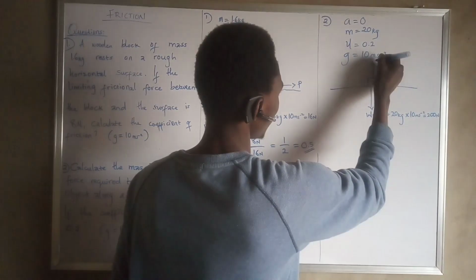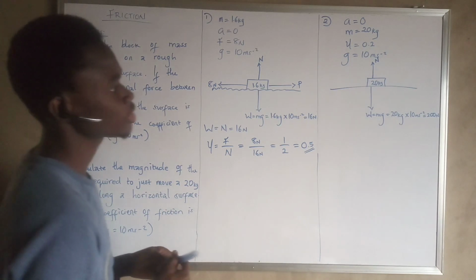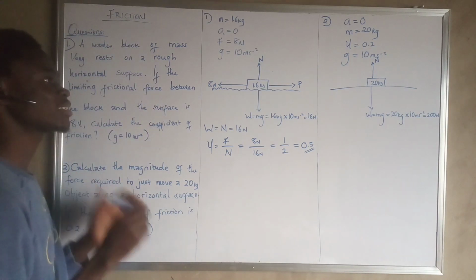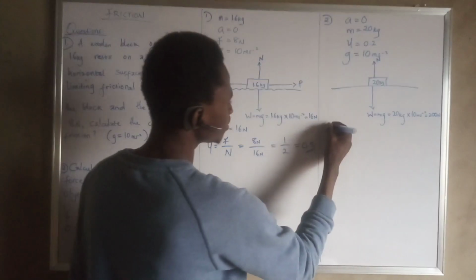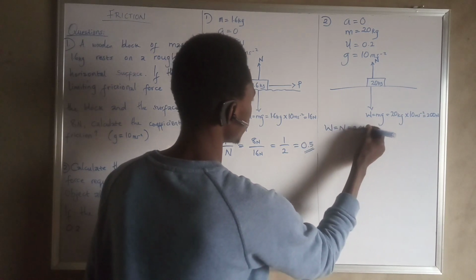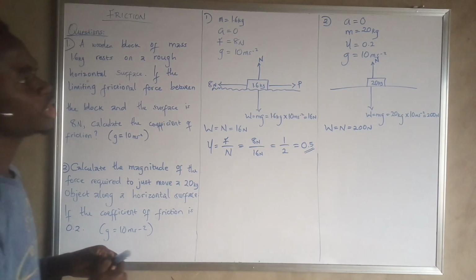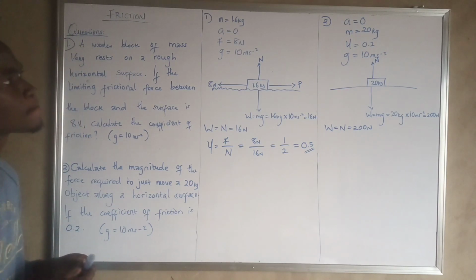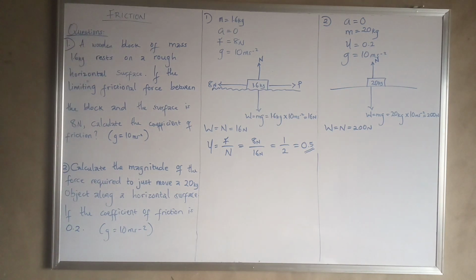Vertically upward, we have the normal reaction. And since this is on the plane surface, the weight is equivalent to the normal reaction, which is equal to 200 Newton. In this case, we are asked to find the magnitude of the force required to just move a 20 kilogram object.